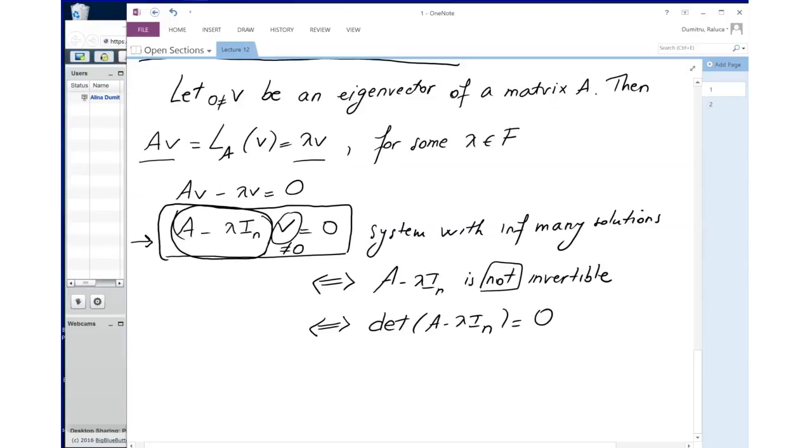Okay, so here's the plan. It's all if and only if, right? So the lambdas are completely described by this identity here. Determinant of A minus lambda identity has to be 0. That will be an equation, right? Determinant is a number after all, right? We know theoretically how to compute any determinant. If we have the lambdas, then the next step will be how to find the eigenvectors, right?